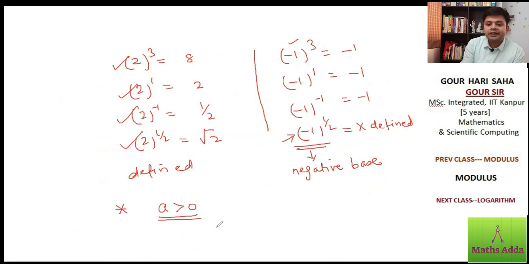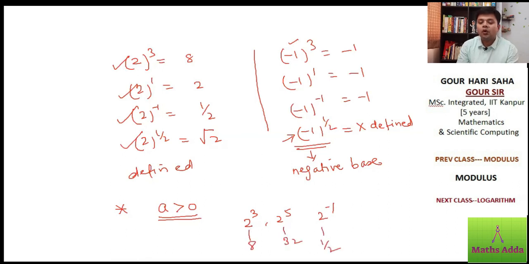Now the second thing is, if a is positive, it will be kind of 2 to the power 3, 2 to the power 5, 2 to the power minus 1. So what do we see? I see this is 8, this is 32, this is 1 by 2, all positive, obviously. So if your base is positive, whatever the power, it's going to be positive.